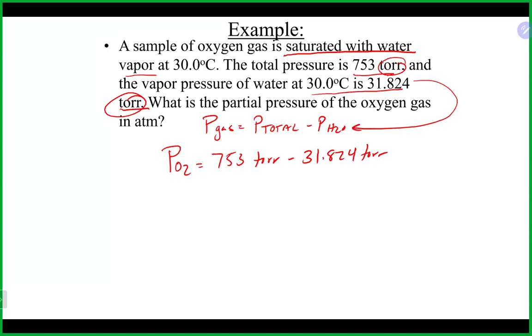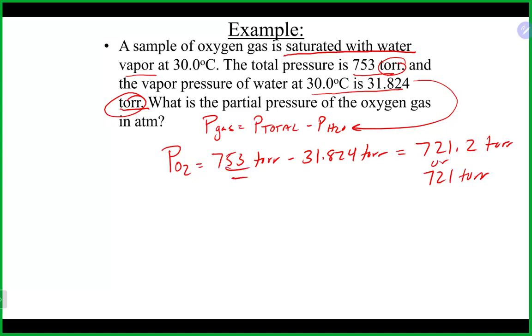That means we will end up with 721.2 torr. And maybe we'll round to the whole number, since it's a chemistry class, I suppose. There we go.